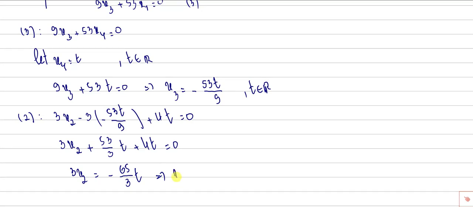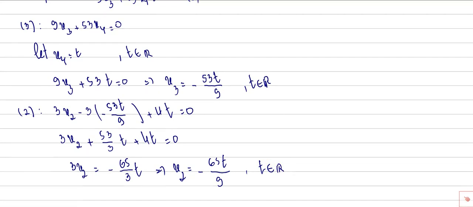So we got x2 is equal to minus 23t over 9, as t belongs to R.